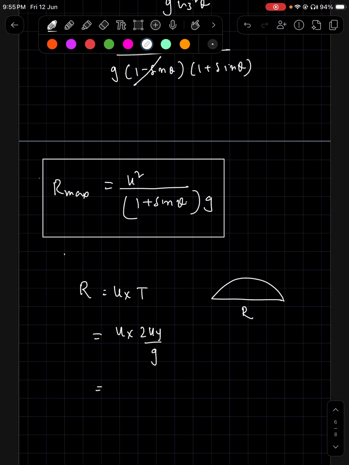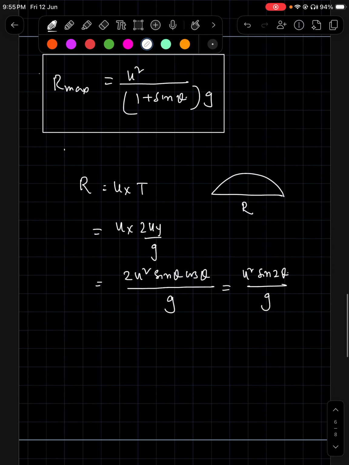That becomes 2 u square sine theta cos theta by g, and that can be written as u square sine 2 theta by g. The maximum value R max, when sine 2 theta becomes 1, is u squared by g. So for the horizontal case, R max is u squared by g.